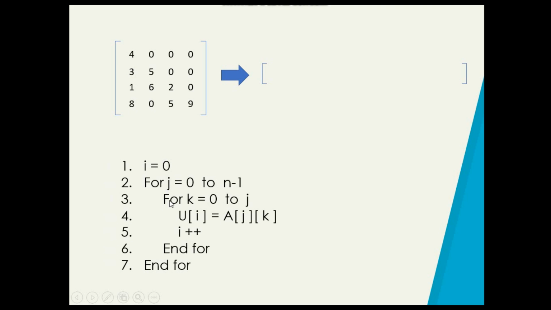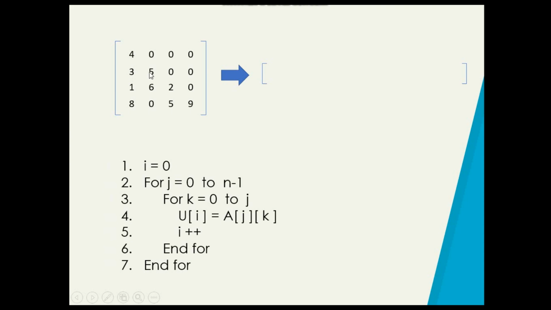So when j is equal to 0, we'll iterate only the 0th index of the row, and when j is equal to 1, we'll see the 0th and the first index of the row, that is the column.